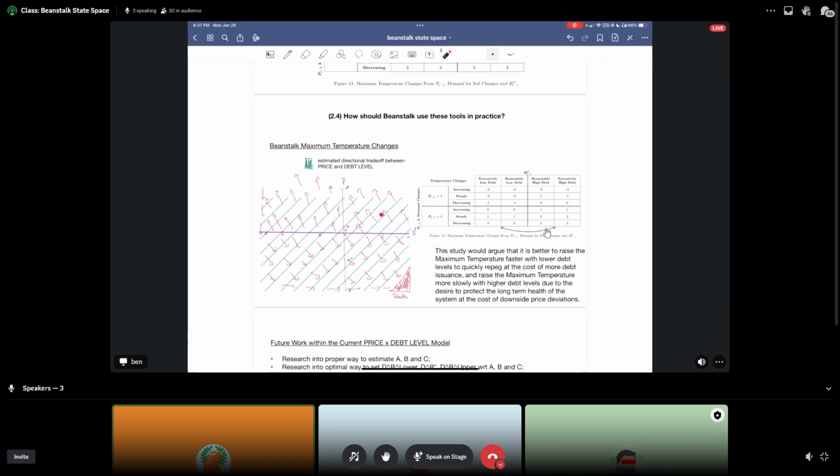Take the chance while the system has low debt. Sure, do what it can to just get here, as opposed to slow rolling it, and then the system can really have a full outflow. So it can aggressively raise temperature here, and then be less aggressive at raising temperature over here. Whereas right now it does the opposite. It's more aggressive at raising temperature here and less here. So one thing to think about is whether to switch this.